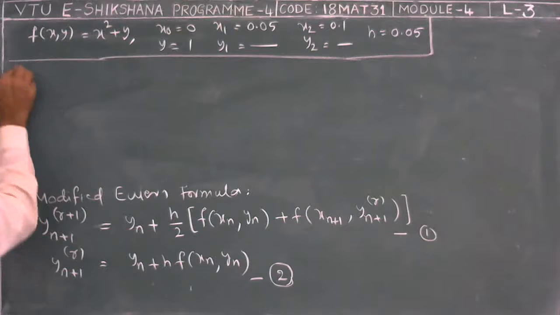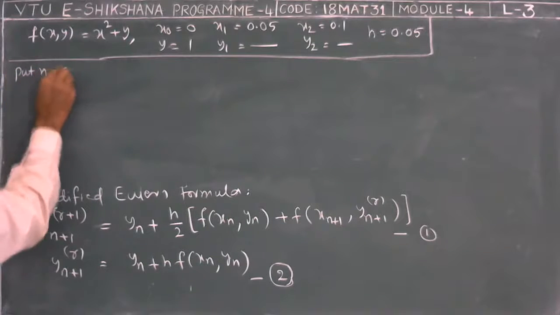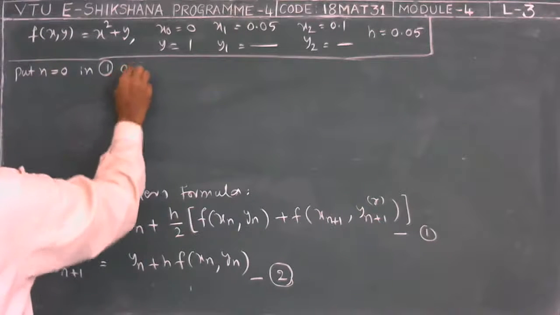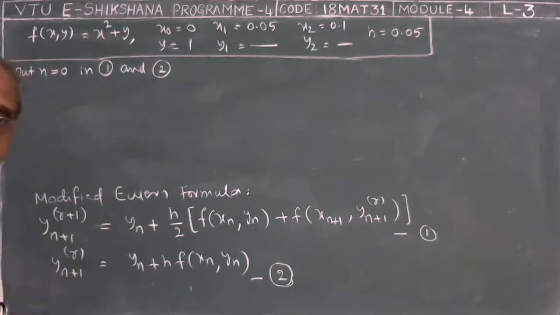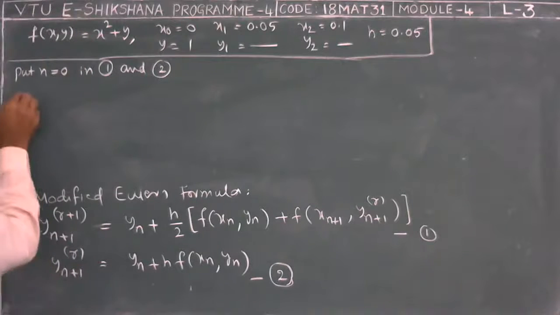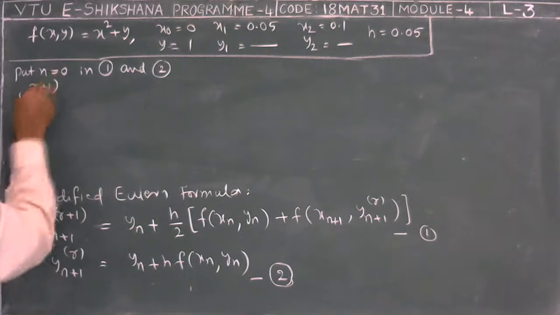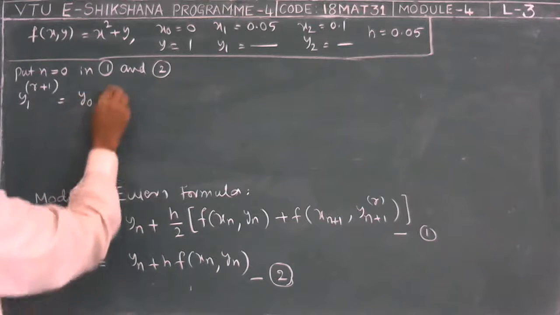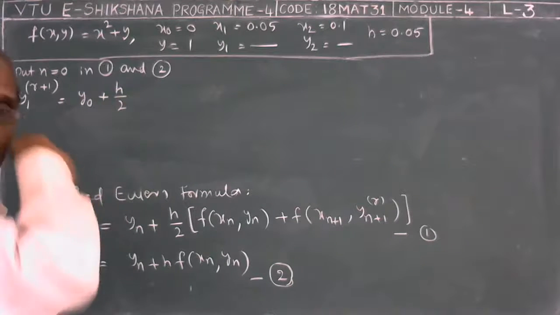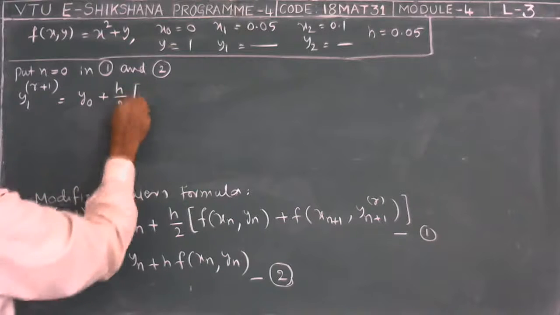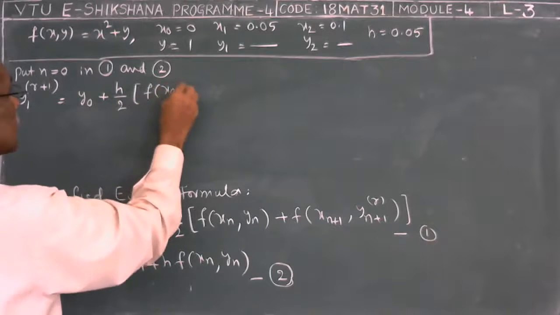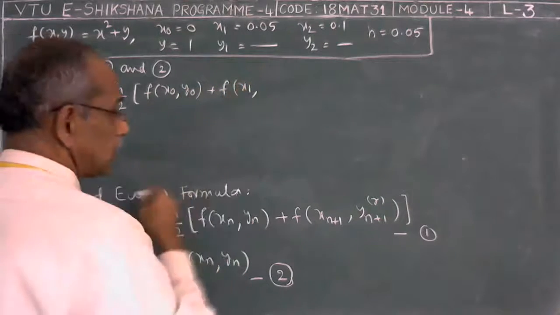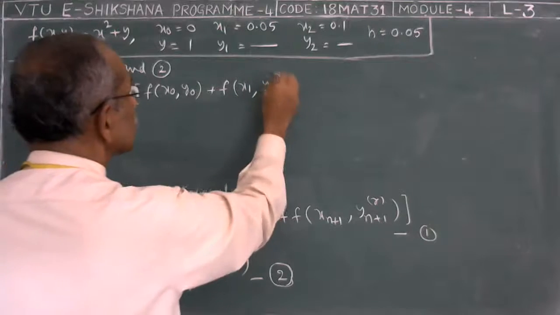Now put n is equal to 0 in relation 1, and also put n is equal to 0 in 1 and 2. So y1 r plus 1 is equal to y naught plus h divided by 2 into f of x naught comma y naught plus f of x1 comma y1 r.